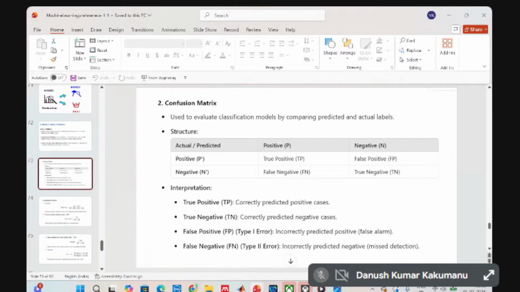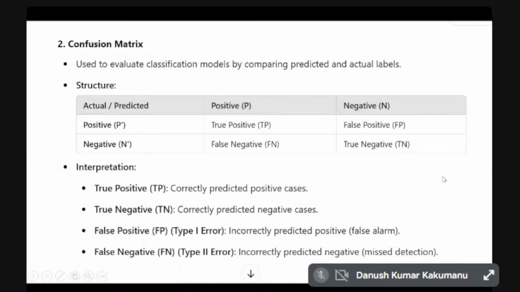This confusion matrix you are going to use to compare the predicted and the actual labels. Predicted data means whatever we are testing, and for the comparison with the actual data, we will use the confusion matrix.